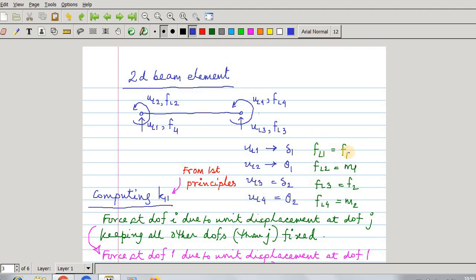FL1 is transverse force at node 1, FL2 is moment at node 1, FL3 is transverse force at node 2, and FL4 is moment at node 2. Here there is a sign convention. If you take this as your local x and this as your local y, then the rotation is positive in the z direction, and we'll take the displacement positive in the positive y direction.